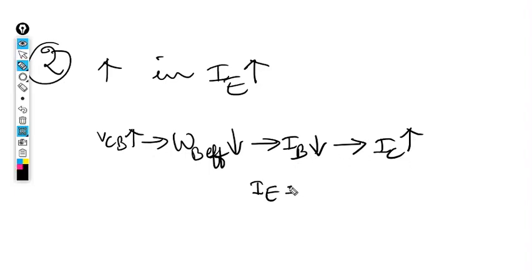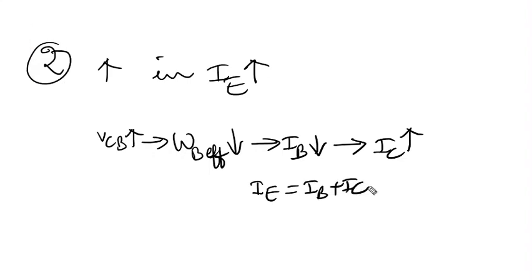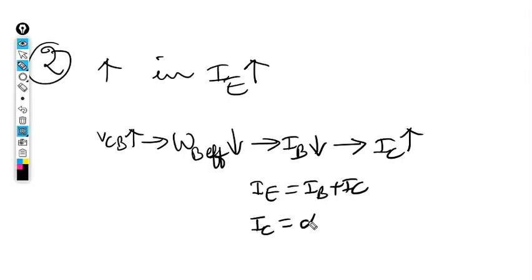Since we have IE equal to IB plus IC, and we know that IC equals alpha times IE. So we can say the current through the emitter junction increases, that is IE increases, since IE is equal to IPE.